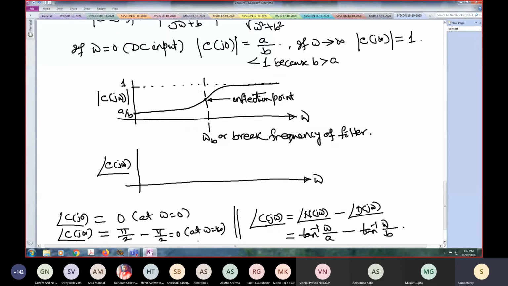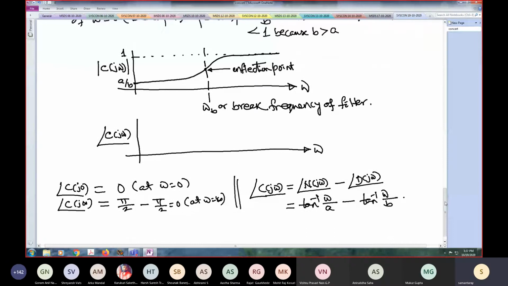What happens at other frequencies? At other frequency, omega by A is greater than omega by B, since B is greater than A. So this phase is greater than or equal to 0, always.